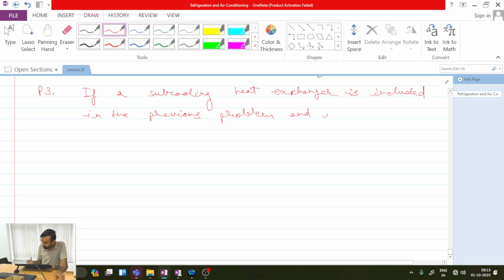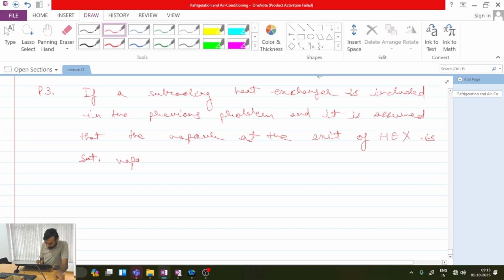and it is assumed that the vapor at the exit of the heat exchanger is saturated vapor at 1.75 bar.